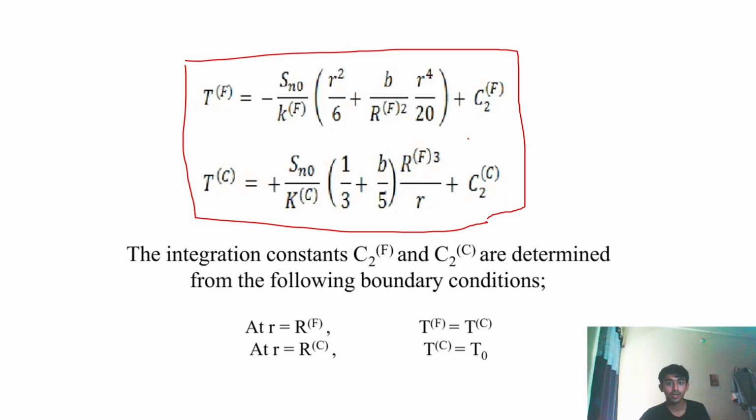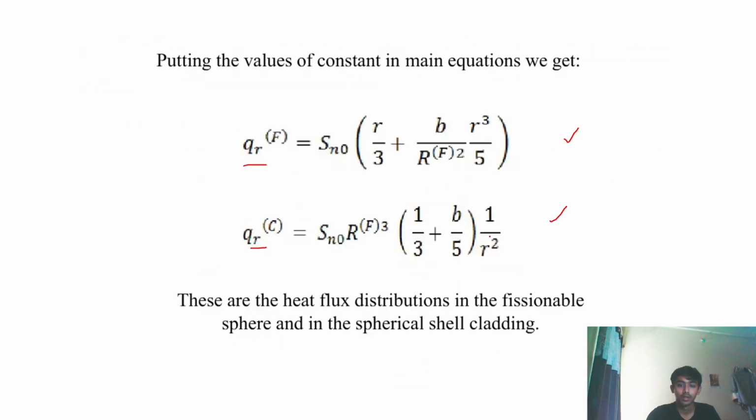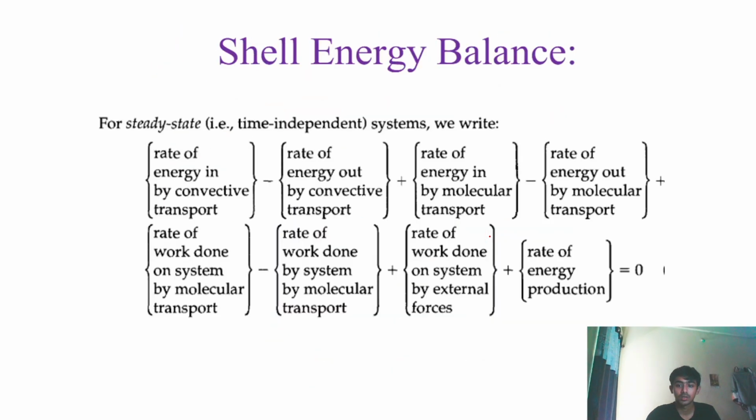Tf equals Sn naught by Kf, with C2 r square by 6, b by Rf square to the power 4 by 20, plus C2f. For Tc we get Sn naught by Kc times 1 plus 3 by b by 5 Rf cube by r, plus C2. Here C2f and C3 are the two integral constants. So we evaluate these using the boundary conditions we discussed.